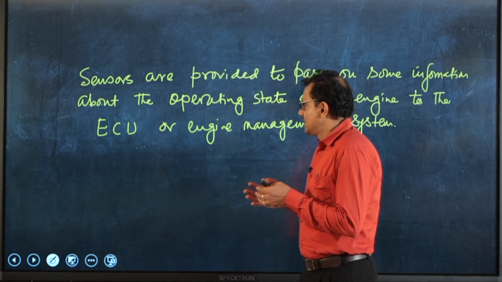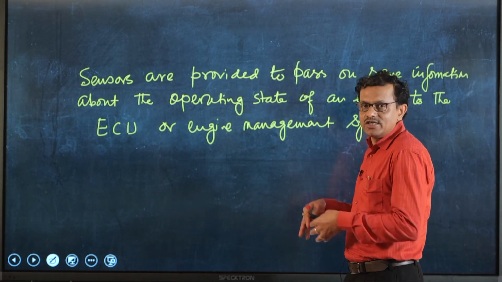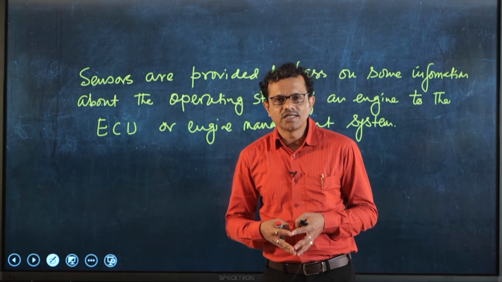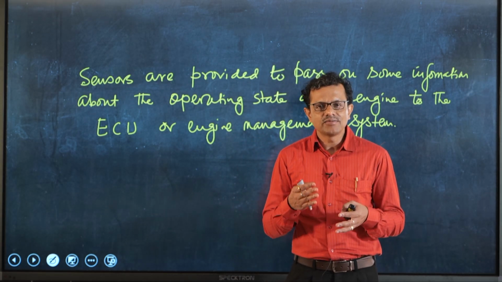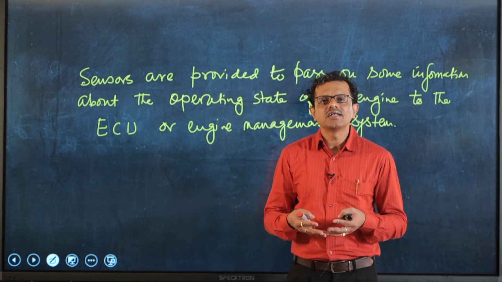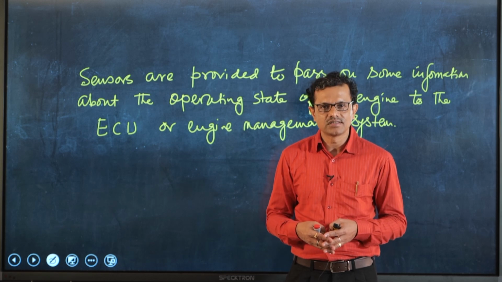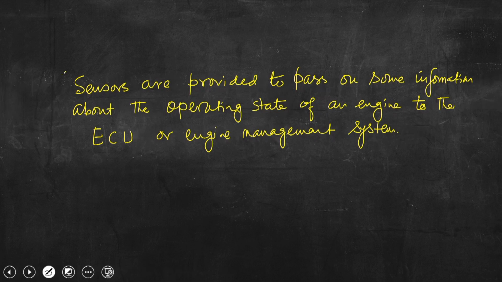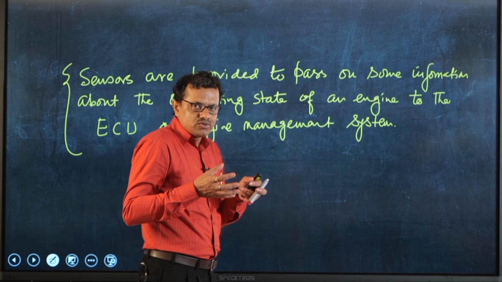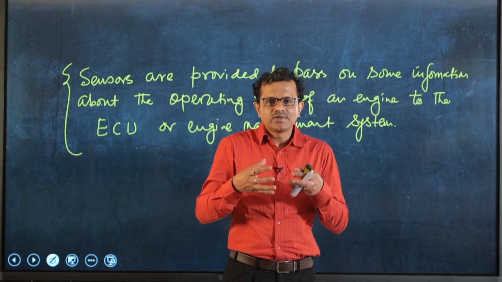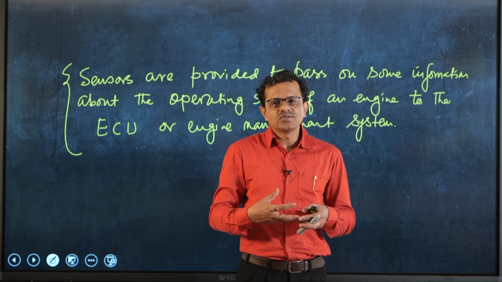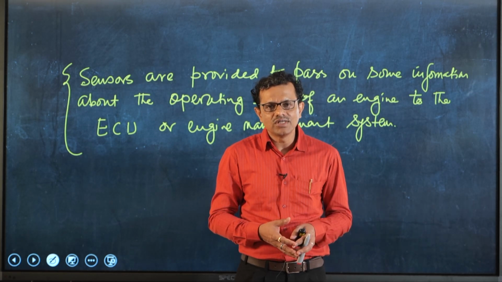Now, if sensors are needed to provide information to the ECU about the current operating state of an engine, certainly there must be some input to the sensor and some output from the sensor. Before discussing that, can a sensor really provide this information directly to the electronic control unit?